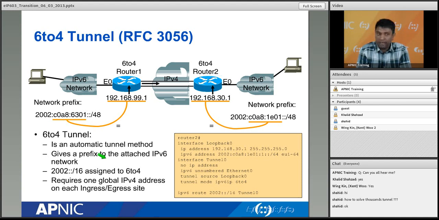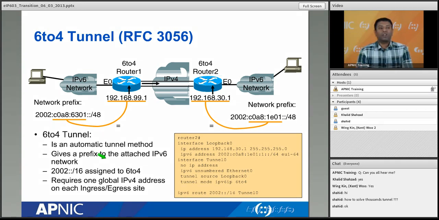So what these two groups of people can do is use a special address allocated by IANA or IETF. They standardized this address for 6to4 automatic tunnel encapsulation, which is 2002::/16. That is the special address allocated for 6to4 automatic tunneling.